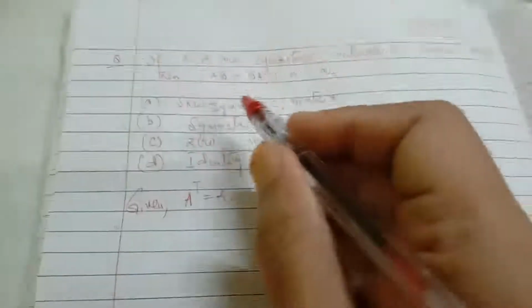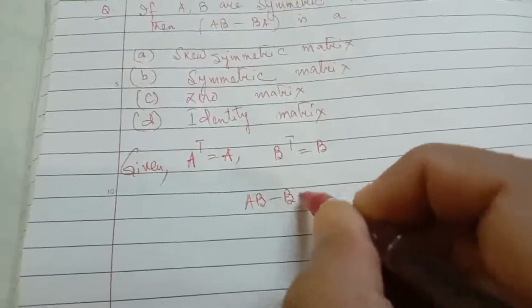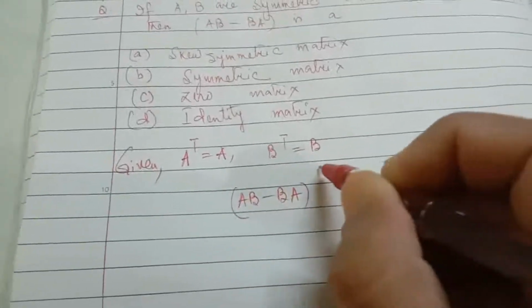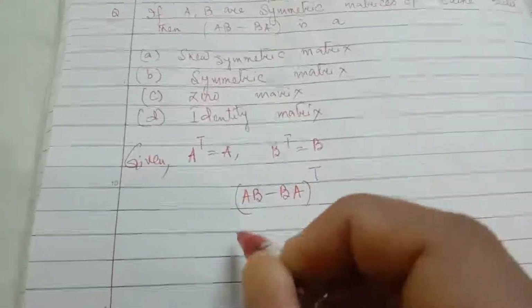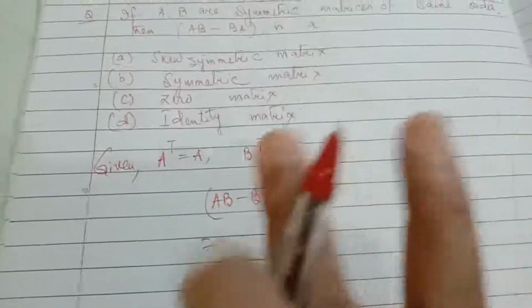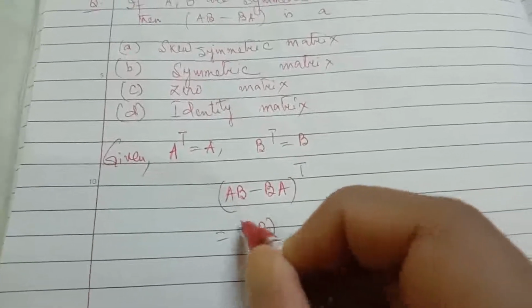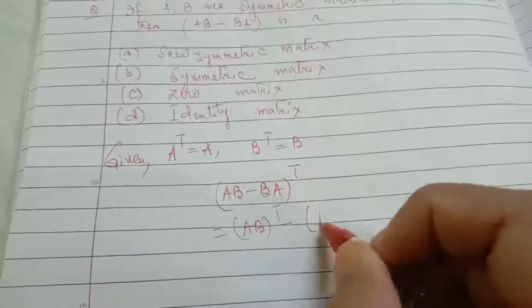Let us find the transpose of this. AB minus BA whole transpose. Now, A minus B whole transpose, by property of transpose, equal to A transpose minus B transpose.